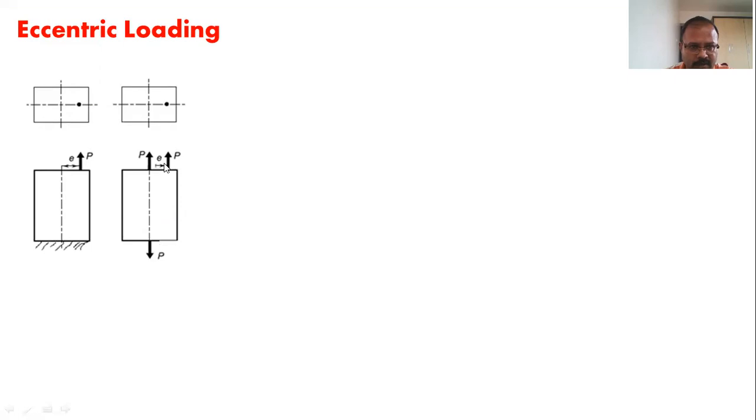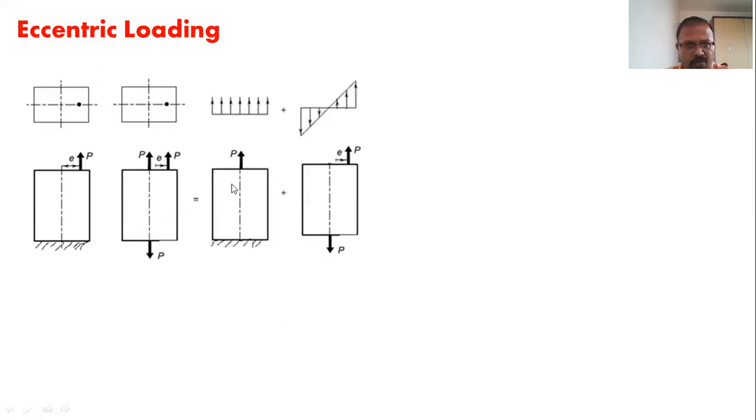So we divide this figure into two figures, one with this load P only, and a second with this P and the downward P, which are acting at a distance E apart. If we superimpose these figures, we get the original figure, so this figure is equivalent to the original. Here the load is acting on the geometrical axis and therefore it is called direct loading.